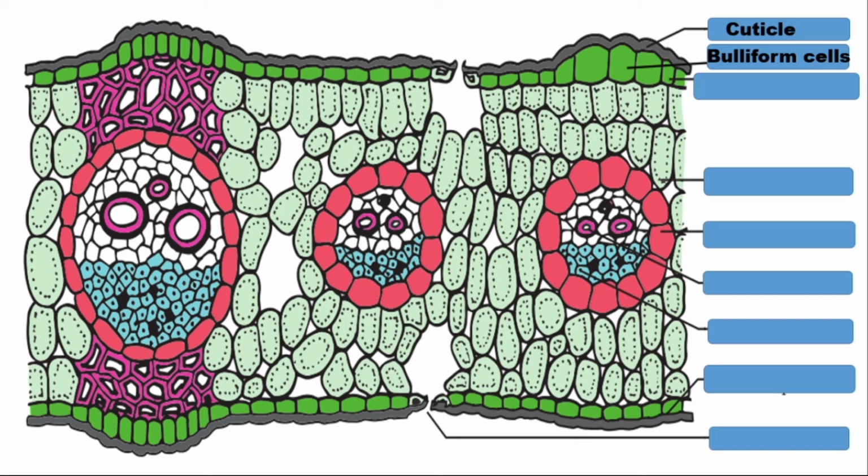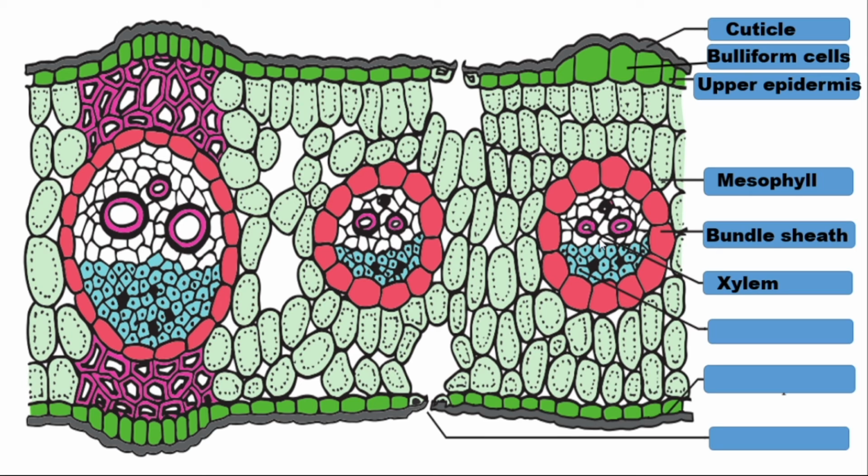That is called the upper epidermis. In between the upper epidermis and lower epidermis, the region we call the mesophyll. Around the xylem and phloem, there is a bundle sheath.